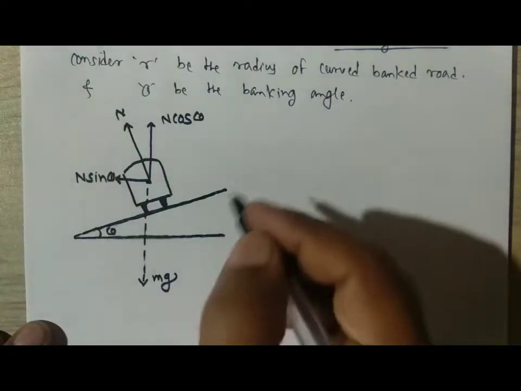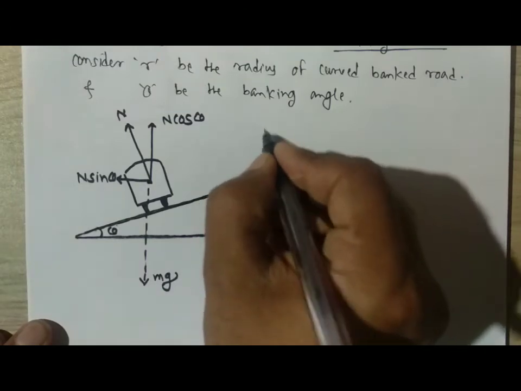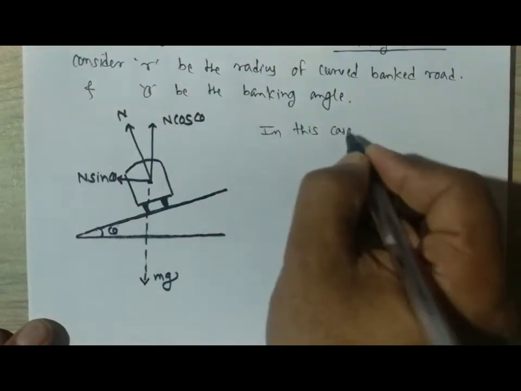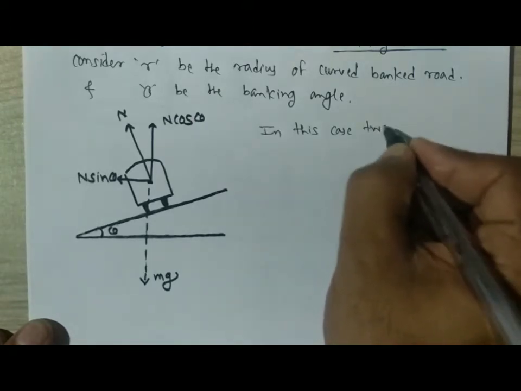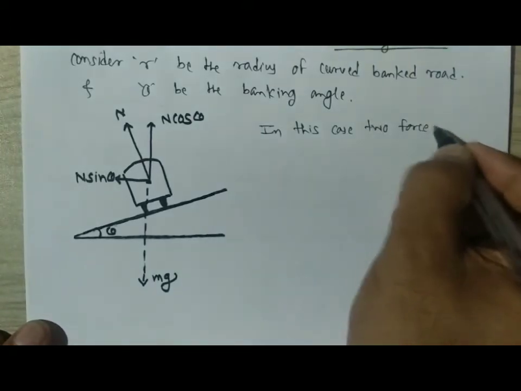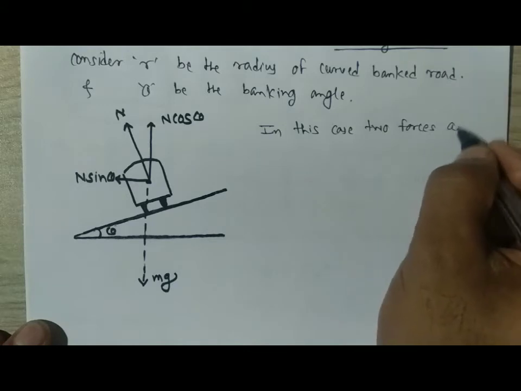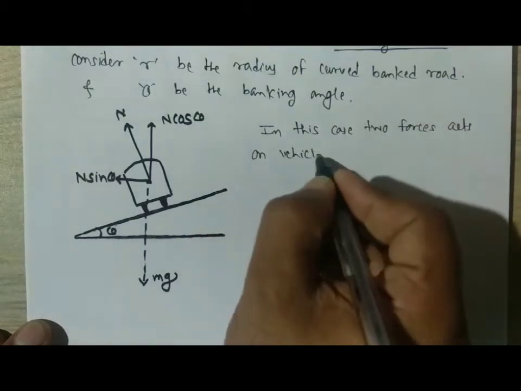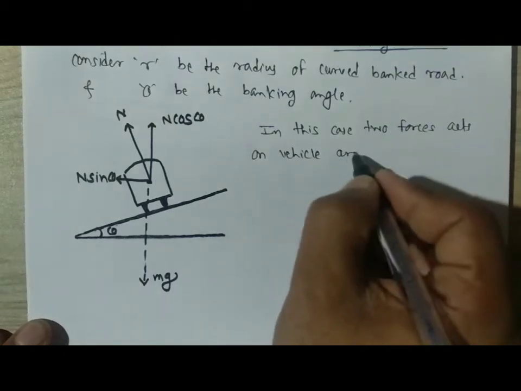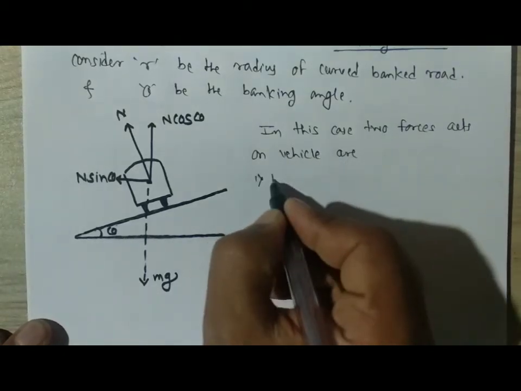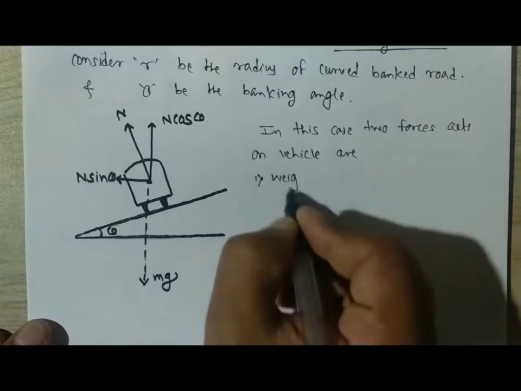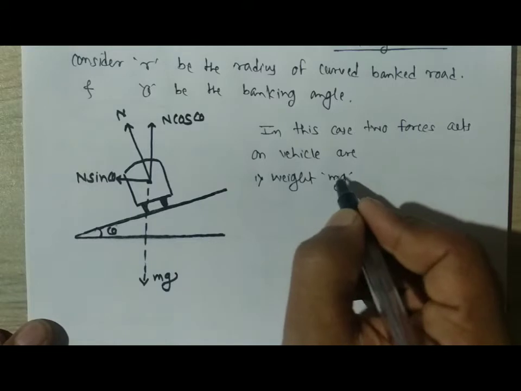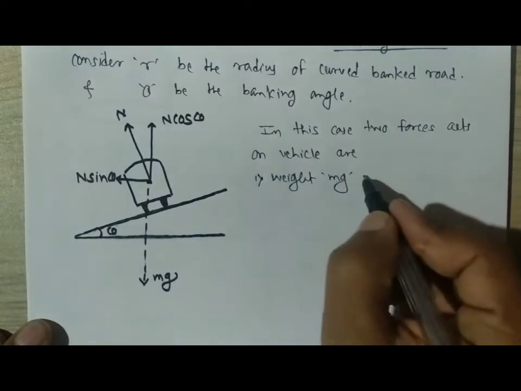In this case, two forces act on the vehicle. First is the weight mg, vertically downward.